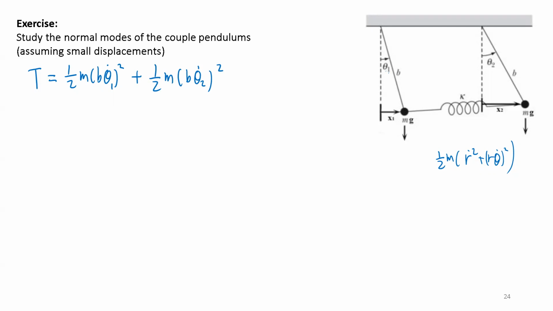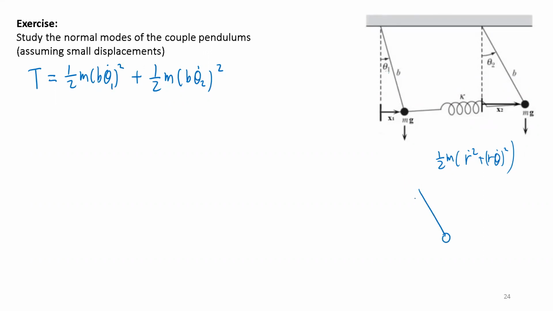Now the potential energy of the system. We have two kinds of potential energy this time: of course the elastic potential energy due to the spring, and also we cannot ignore the gravitational potential energy, because gravitational force itself is the source that provides the restoring force for the pendulum. Let me draw another pendulum over here.